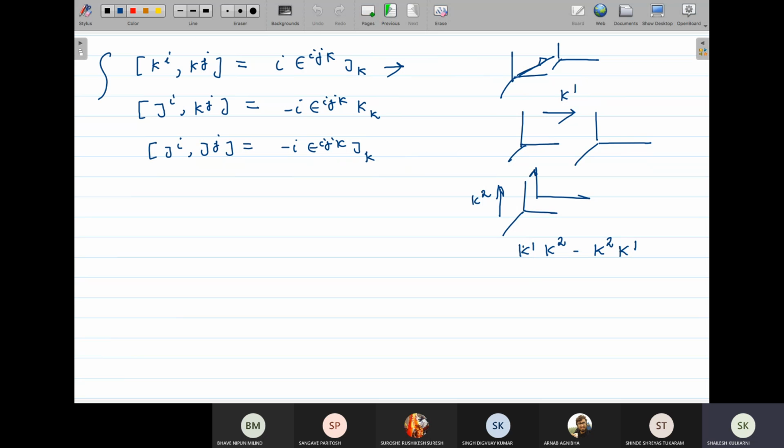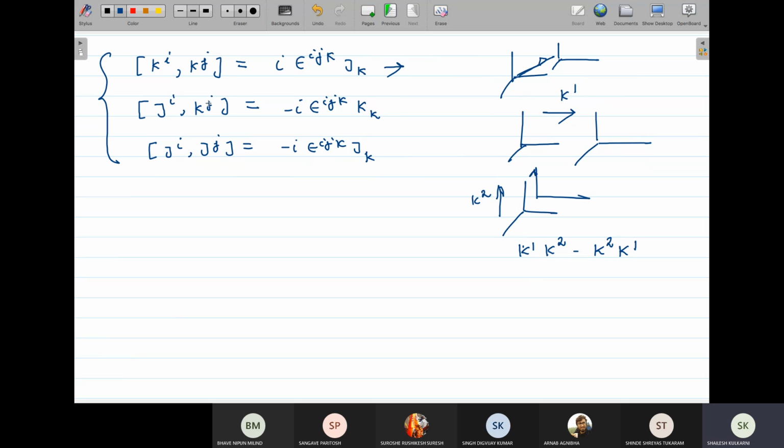This is just a convenient way of writing them. They tell you that the commutation between generators of rotation gives a rotation. The commutation between generators of boost gives a rotation.